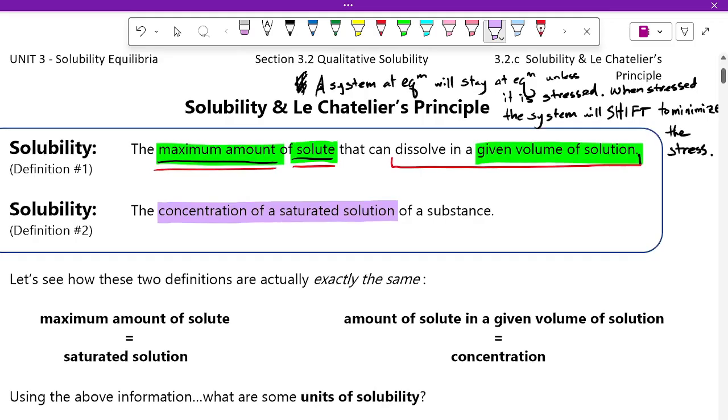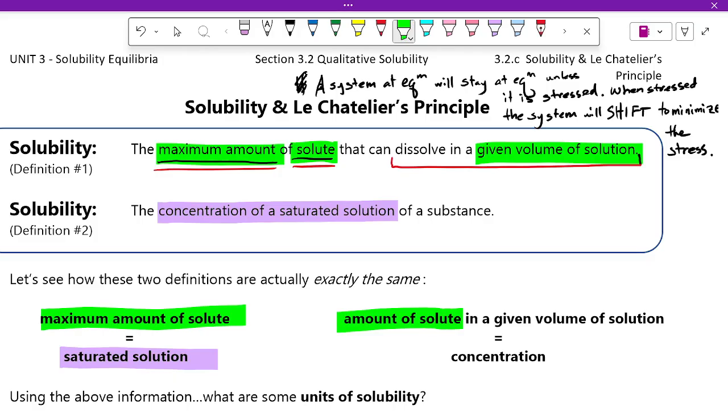So if you have the maximum amount of solute, you have a saturated solution. Does it make sense that those two definitions are actually saying the exact same thing?